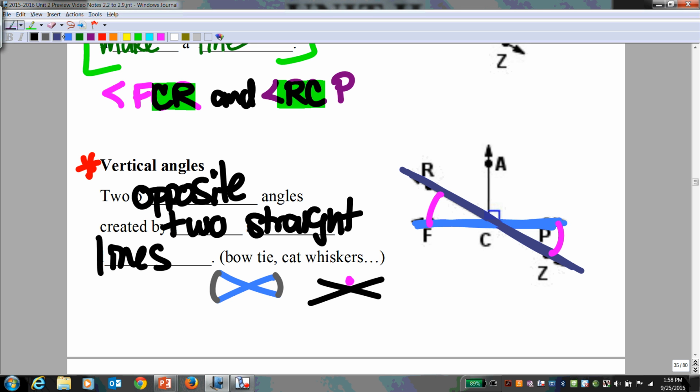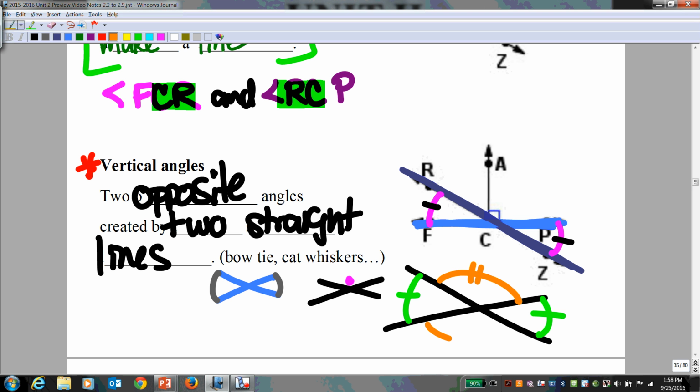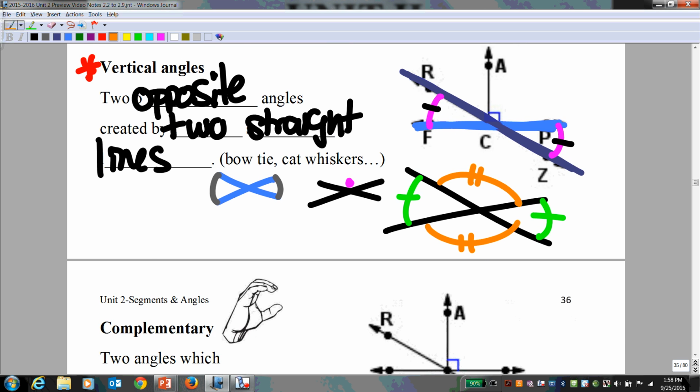What's nice to know is that all vertical angles are always congruent. Notice the sweep in the hatch. So anytime you have two straight lines, the angles directly across from each other are going to be congruent both ways. Those are called vertical. They're made by straight lines.